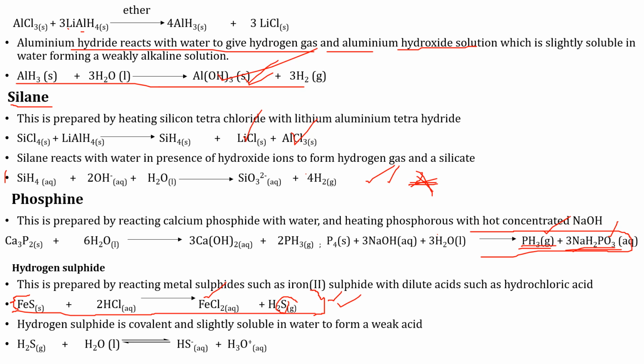Now, approaching the other question, we are saying that hydrogen sulfide is covalent and is slightly soluble in water, thus it forms a weak acid. Now, we are going to look at this also in salt hydrolysis. These things that are ionized in water to form acidic solutions, we always react them with other elements.